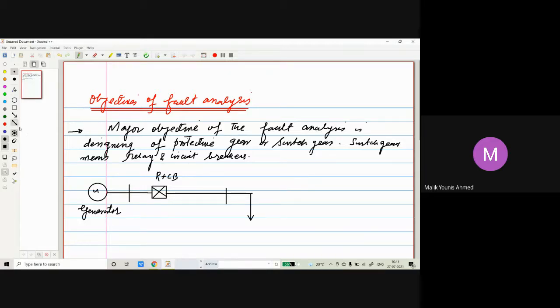And from here we start, this is our protective zone. From here to here is our protective zone.